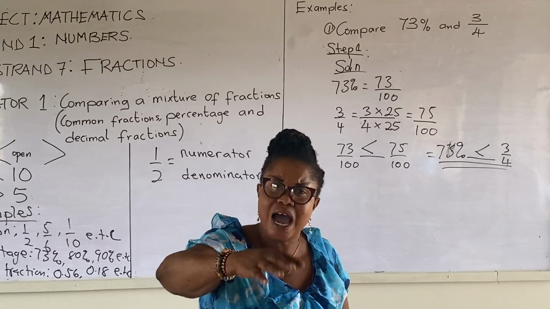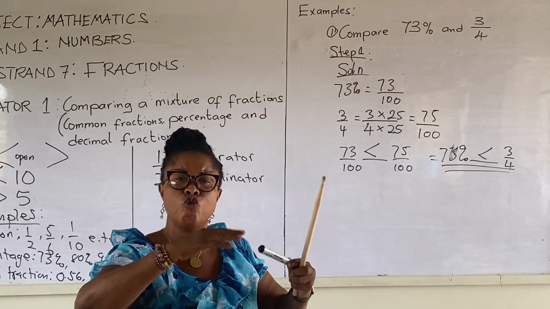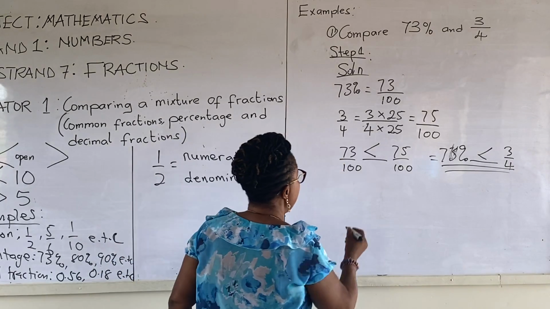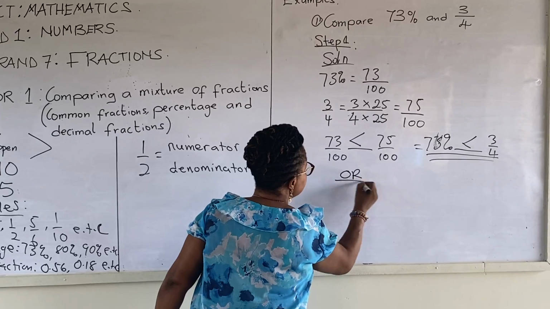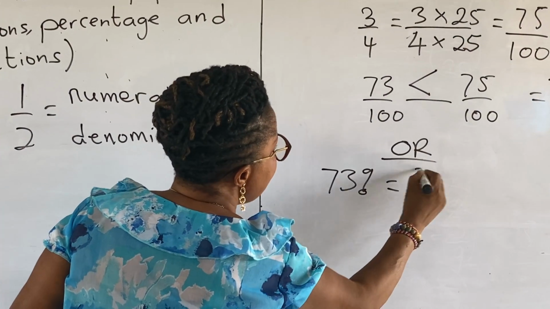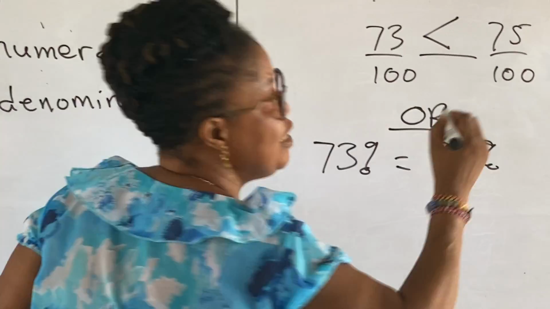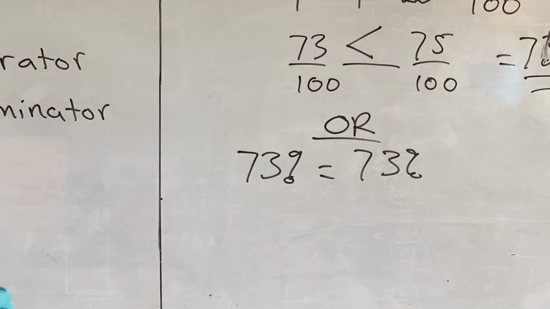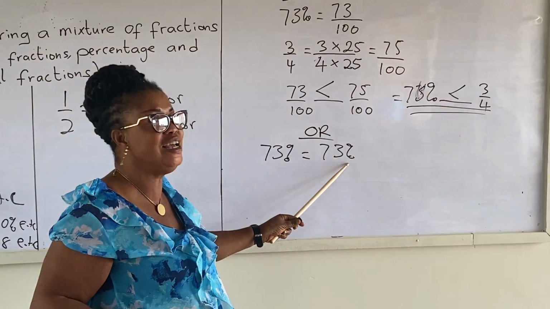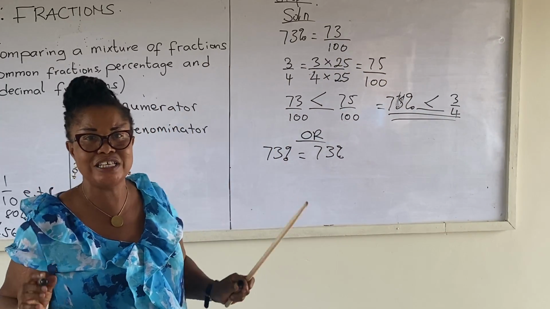Let's look at the other way around. We are going to convert all of them to percentage. 73% is equal to 73% already. As soon as you see this sign, it is already in percentage form.